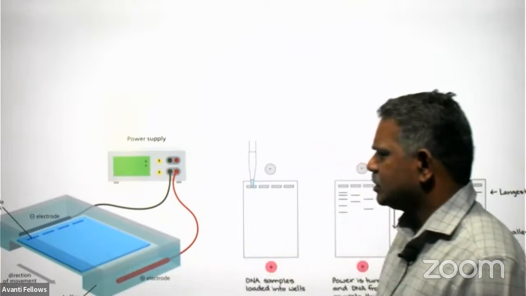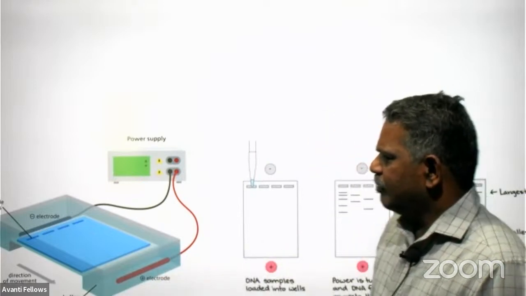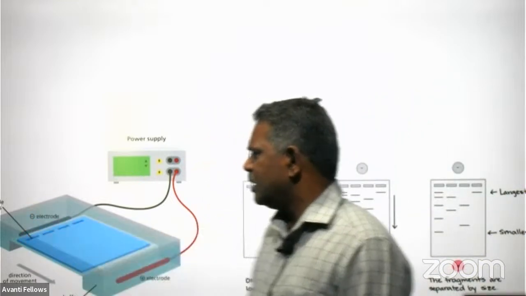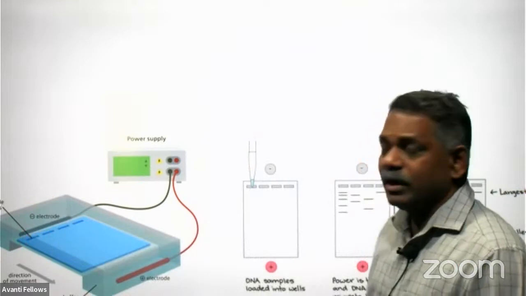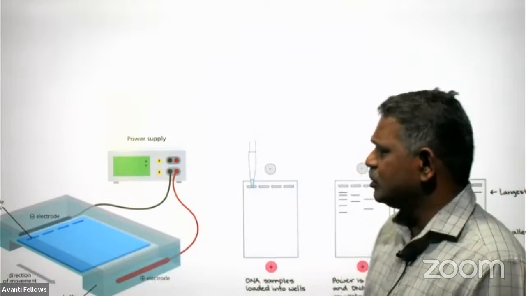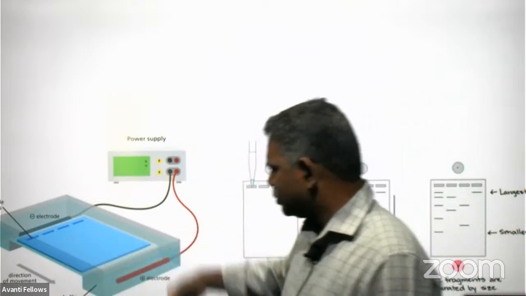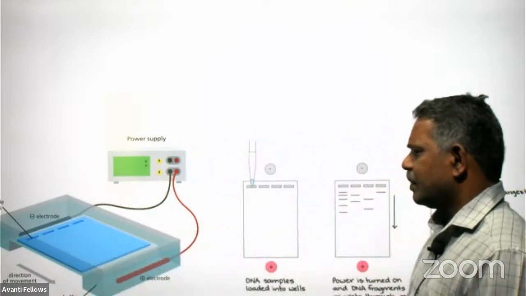The positive electrode is at the other end. And DNA is negatively charged, so it has a tendency to move towards the positive electrode.